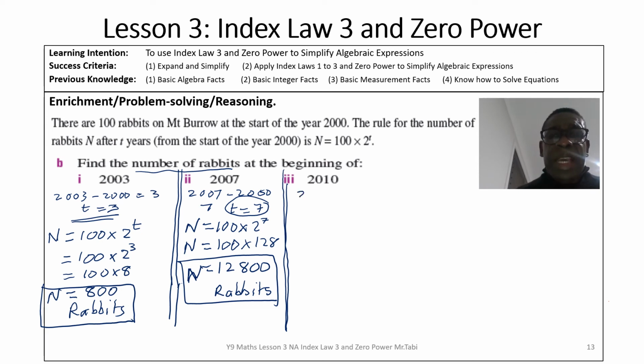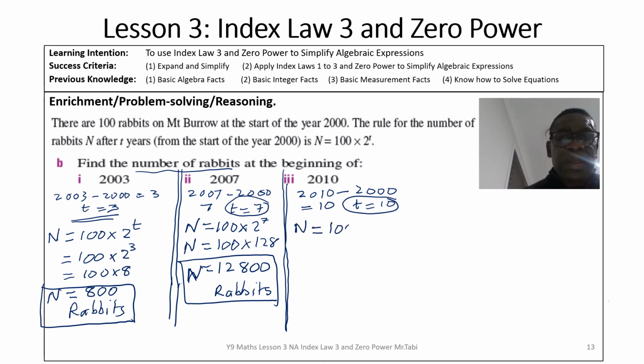Now, for 2010, so 2010 minus 2000 gives us 10. So it tells me that my t is equal to 10 years. If t is equal to 10 years, then your n, the number, is equal to 100 times 2 to the power of 10. Now, 2 to the power of 10 is going to be 1024.